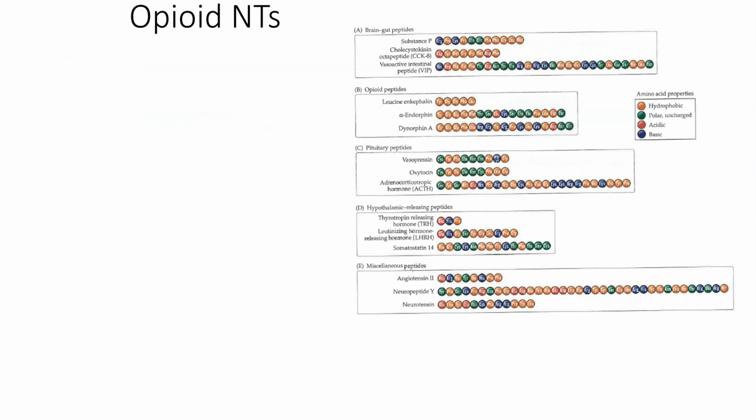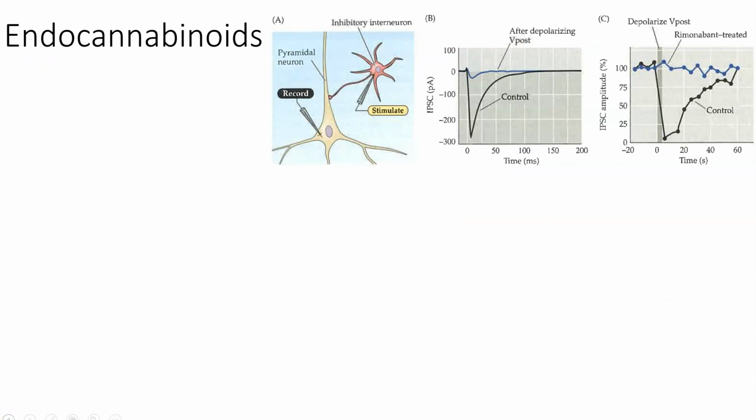Another neuropeptide that's gotten a lot of attention lately are opioids. These peptide neurotransmitters bind to the same receptor as the opium chemical.